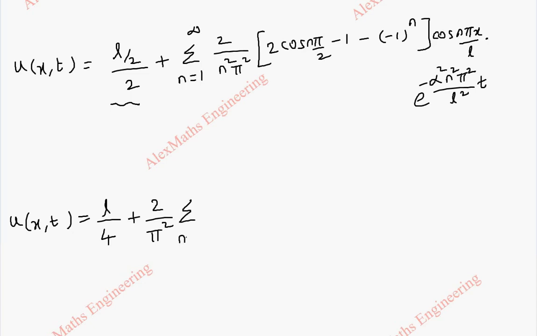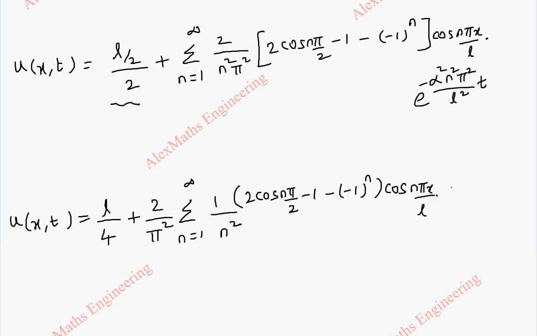Now we have summation n is from 1 to infinity, 1 by n square into 2 cos n pi by 2 minus 1 minus of minus 1 whole power n, then cos n pi x by L e power minus alpha square n square pi square by L square into t.